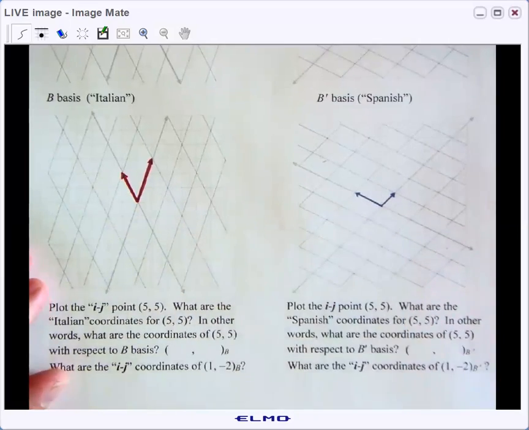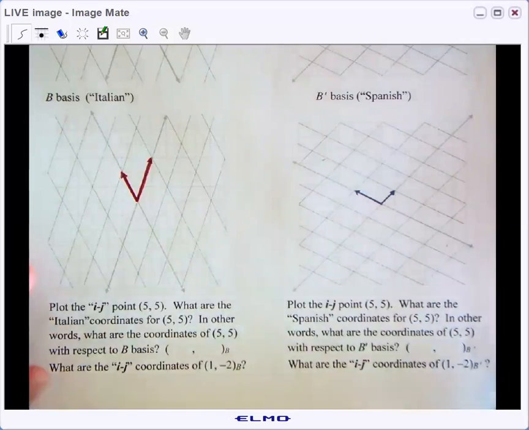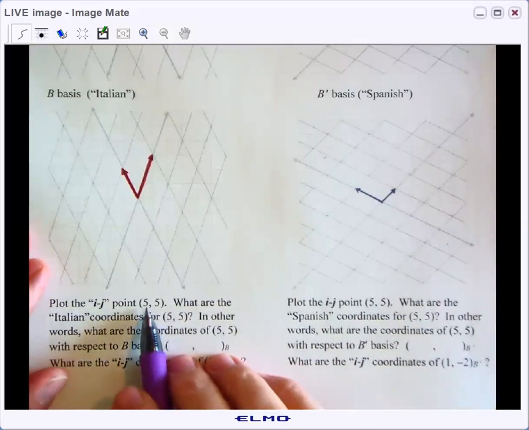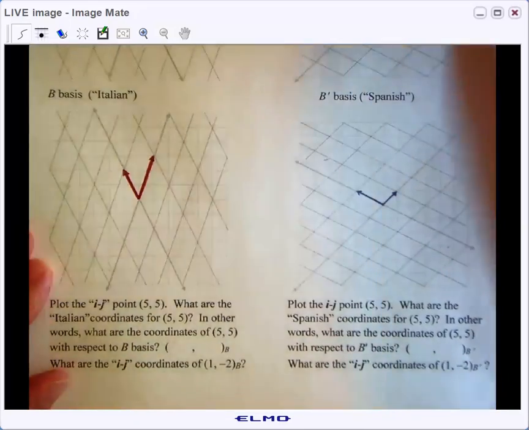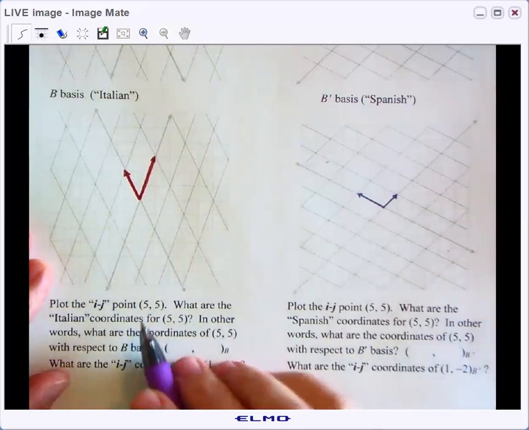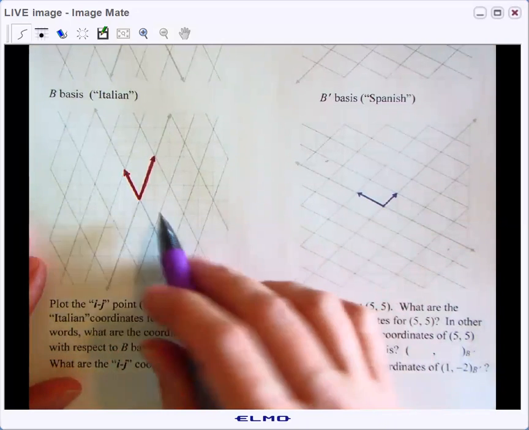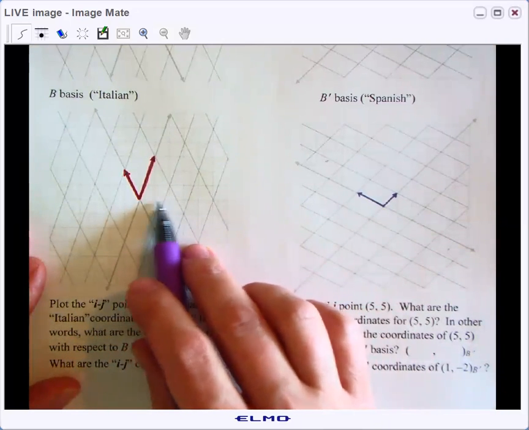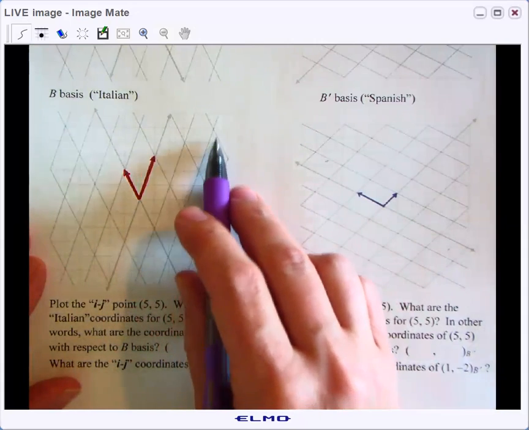Similarly, back over here. Now, let's go ahead and find the 5, 5 vector. But to tell you the 5, 5 vector, unless I tell you it's with respect to some other basis, we're going to assume it's the i, j basis. So to do the 5, 5 vector, I go 1, 2, 3, 4, 5, 1, 2, 3, 4, 5.